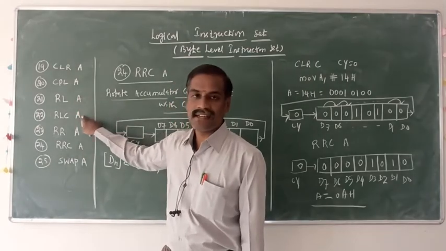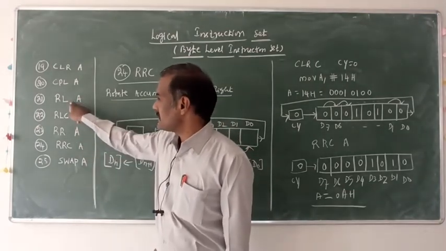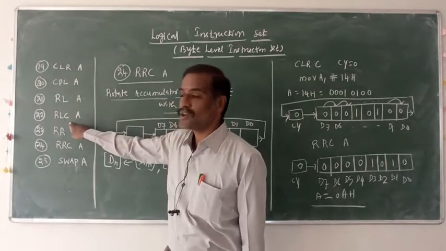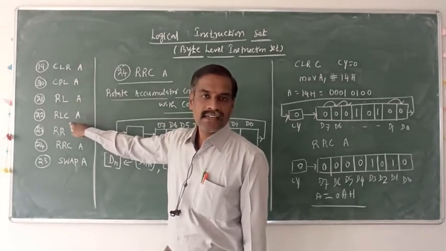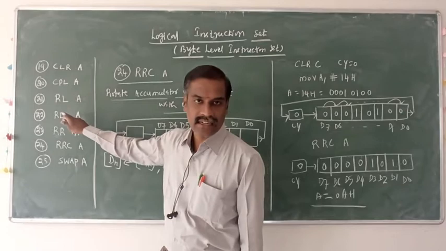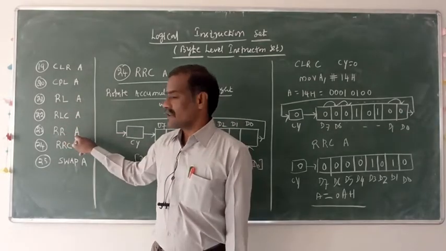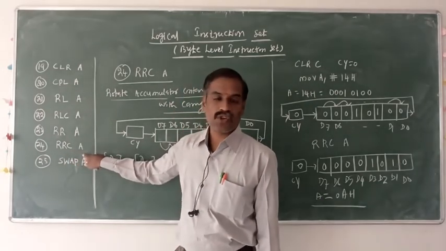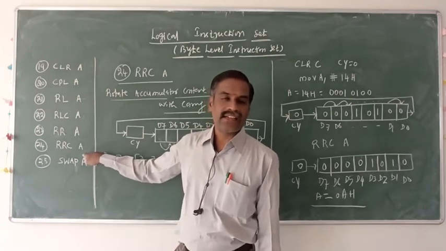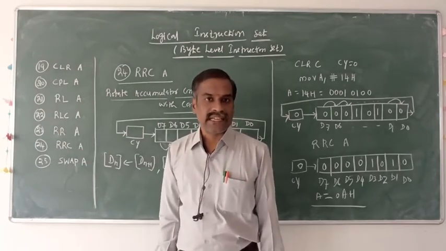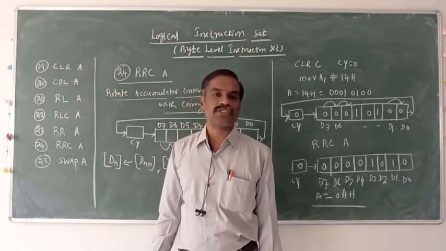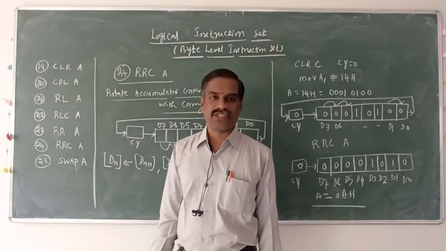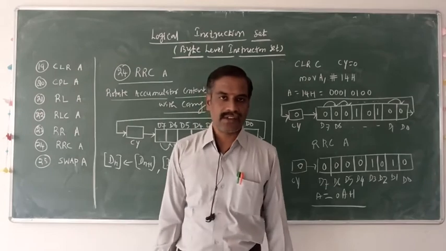RLA is rotate accumulator content left without carry, and RLCA is rotate accumulator content left with the carry. RRA means rotate accumulator content right without carry, and RRCA means rotate accumulator content right with the carry. There are 2 instructions for without carry and 2 instructions for with the carry, and 2 instructions for left and 2 instructions for right. Total 4 rotate instructions. Okay.